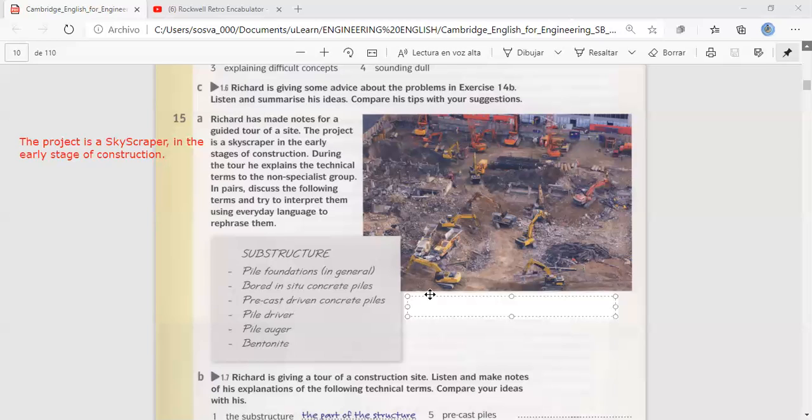In this part of the construction, the construction workers do not build the water system. They do not build the sewer system from zero.